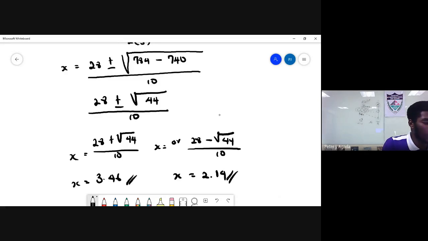So these will be the factors of my x after I have reduced my quadratic equation.